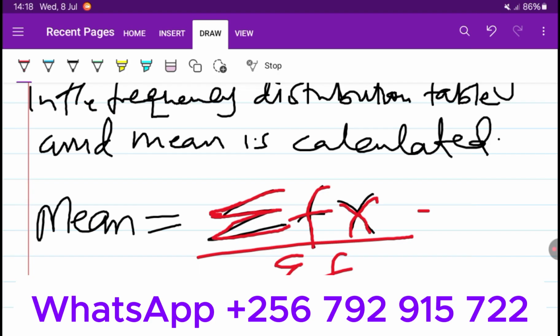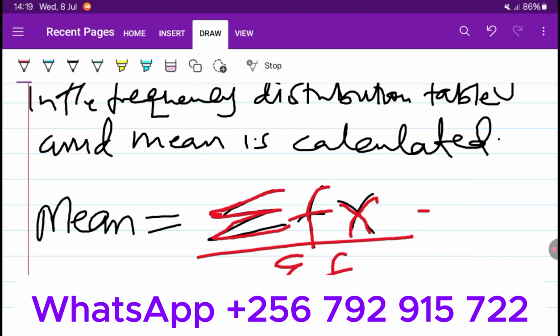So the procedure of finding the mean for data that has frequencies, whether it's grouped data or ungrouped, is that we assume the mean of all the raw data values in each class is equivalent to that one value.